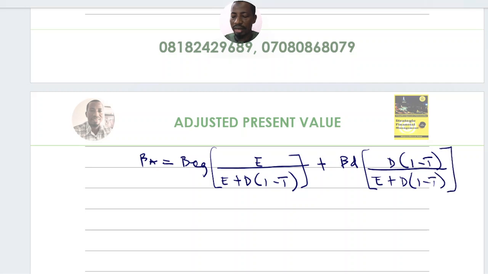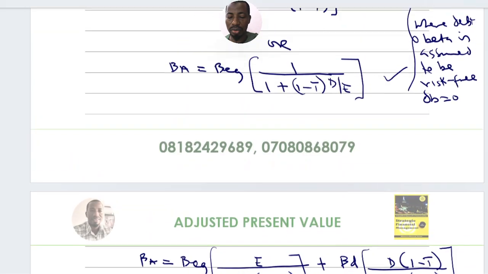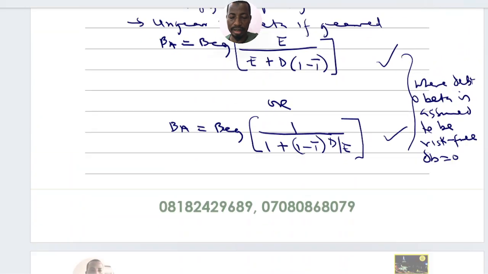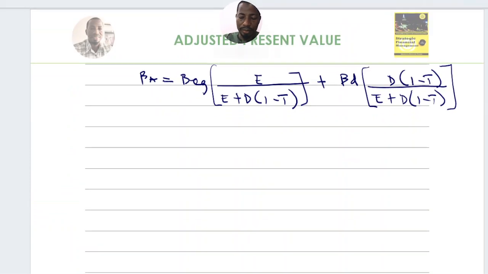So this is the extended formula you are going to use when the debt beta is given in the question. Any of these formulas you can apply to calculate the beta asset. You then move to step 3.